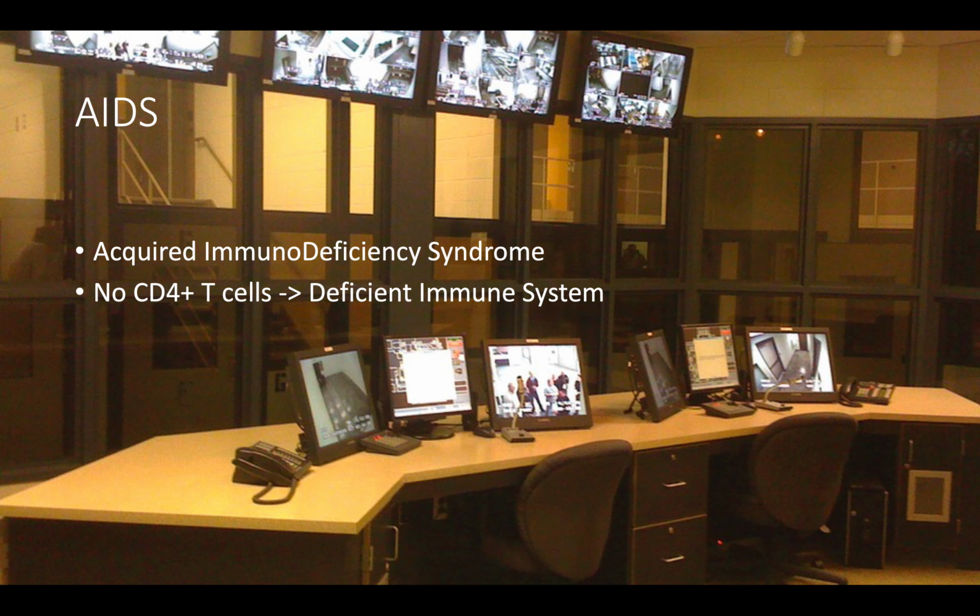These cells are important because they collect antigens, which are sort of like parts of the cellular walls of various pathogens, and they deliver them to B cells, which take those antigens and produce what we call antibodies that will seek those out and bind to them and prevent those pathogens from exhibiting their pathogenic behavior. An immune system with AIDS, though, is a lot like a prison with no guards. It's very deficient at its job.